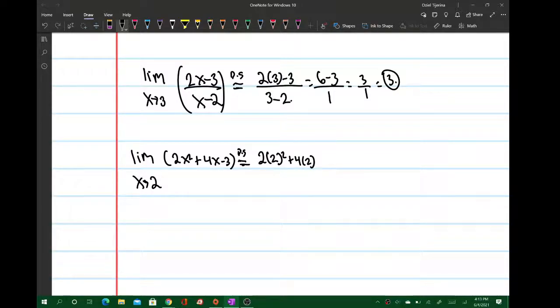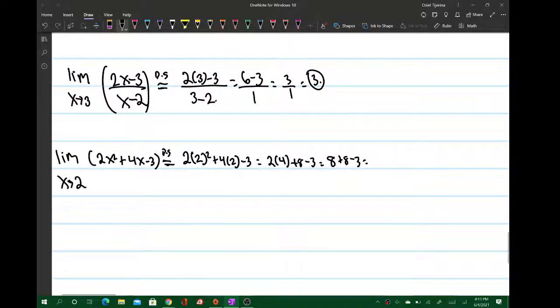And I say DS because that's direct substitution. Minus 3, and that's going to equal 2 times 4 plus 8 minus 3. That's 8 plus 8 minus 3. That's going to equal 16 minus 3, which is 13.